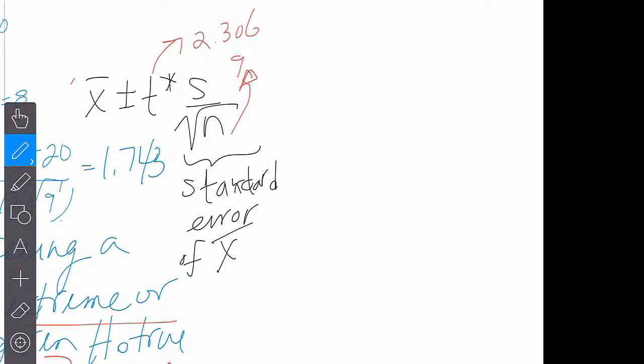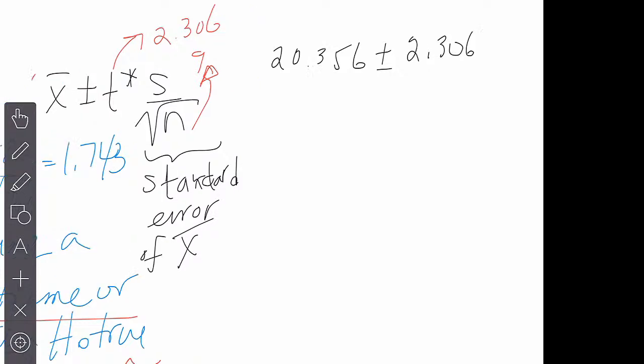So the X bar, all right, so it's going to be 220.356 plus or minus 2.306 times S over root n.